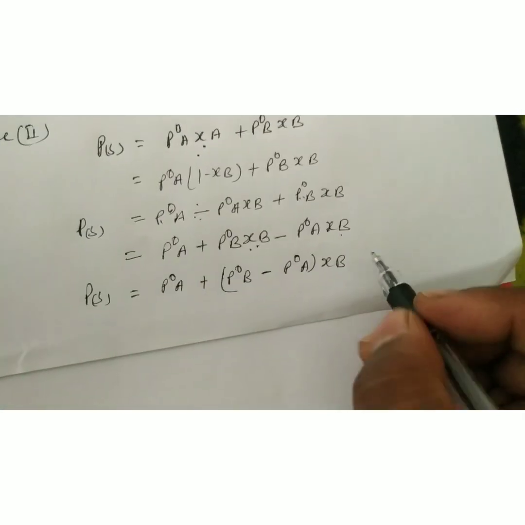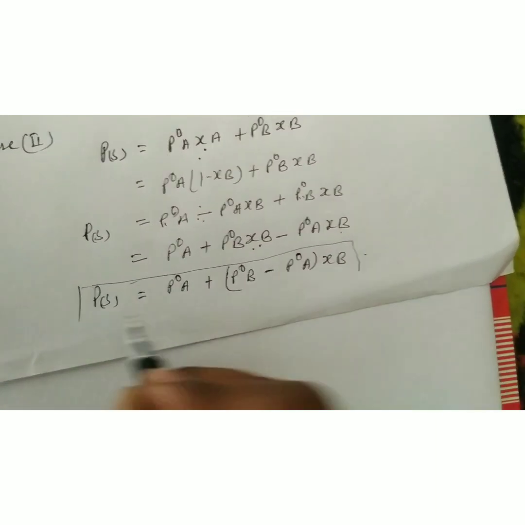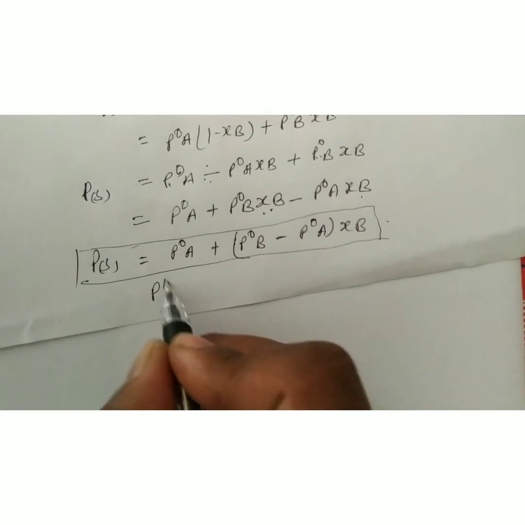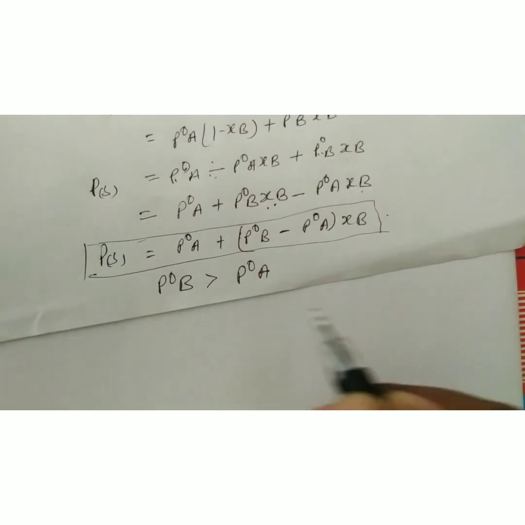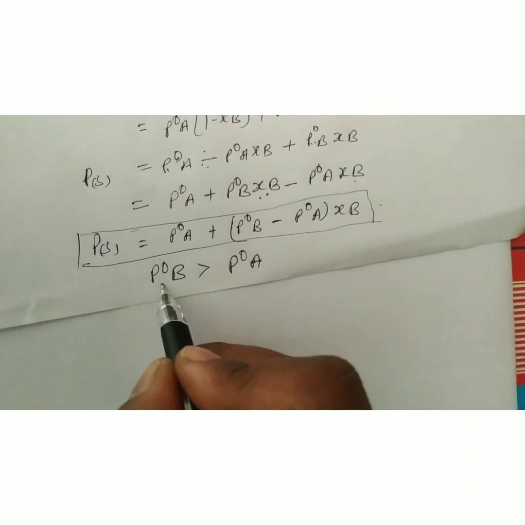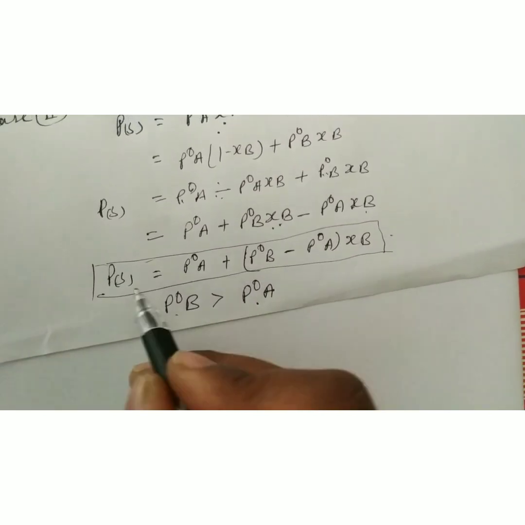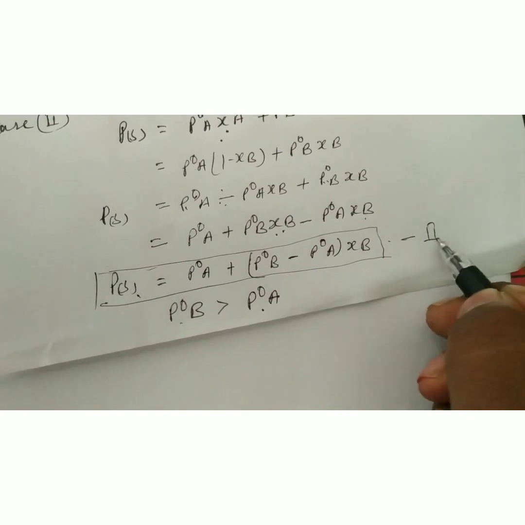This is the case second, when P naught B is greater than P naught A, meaning the vapor pressure of solvent is greater than the vapor pressure of solute. So the equation will change into this one. This is equation second.